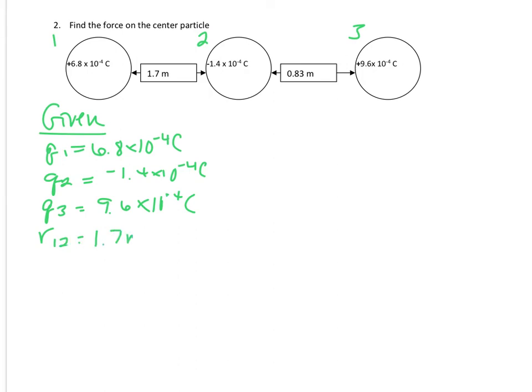R12 is 1.7 meters. R23 is 0.83 meters. And in this case, we actually don't care about the distance between 1 and 3 because we're only looking at the force on the center particle, which is what we're trying to find. So we're looking for F net 2.